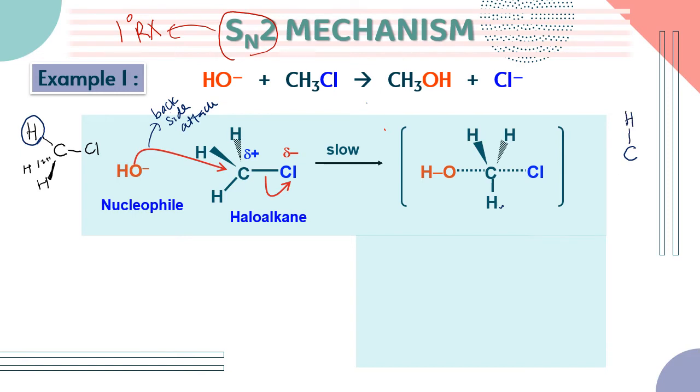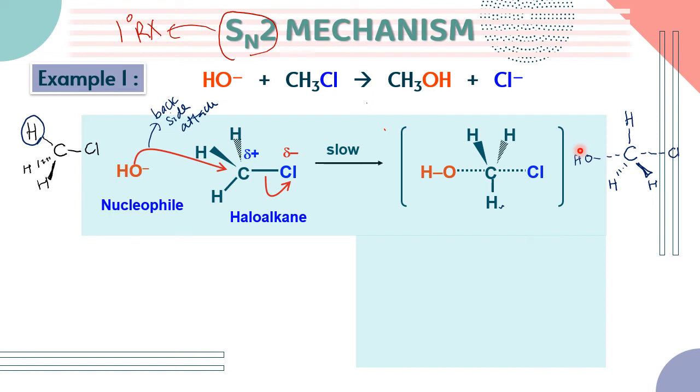H, and then garis putus-putus H. So, awak akan lukis garis putus-putus je macam ni. Like this, Cl, OH. So it will be like that.